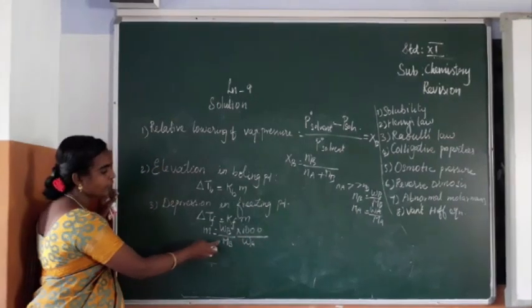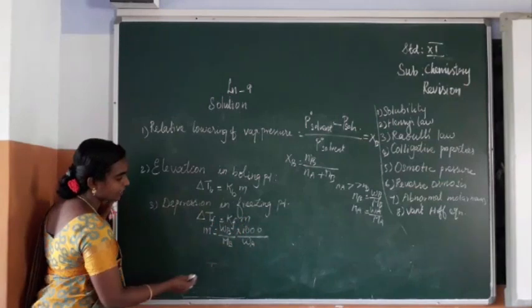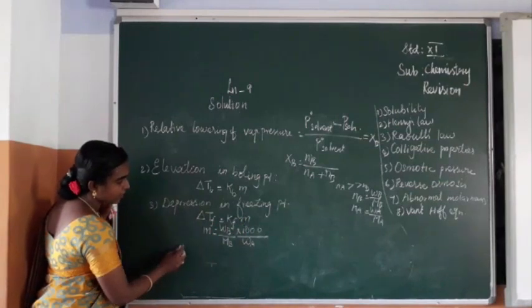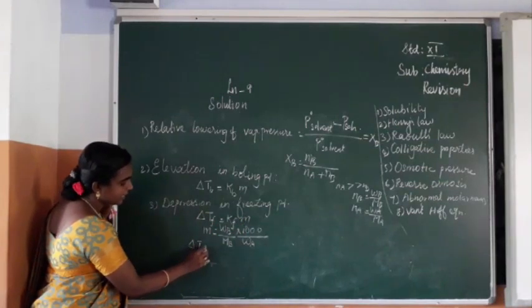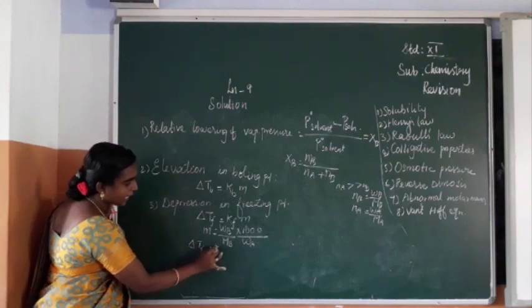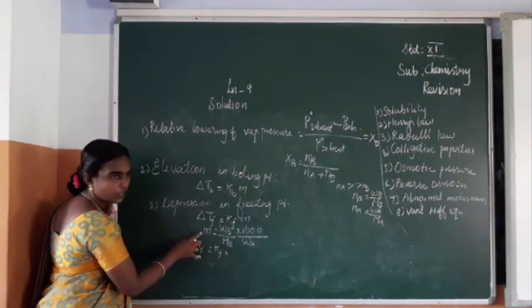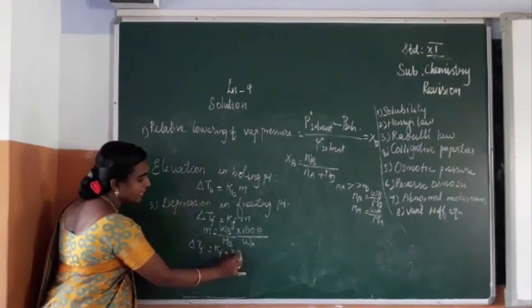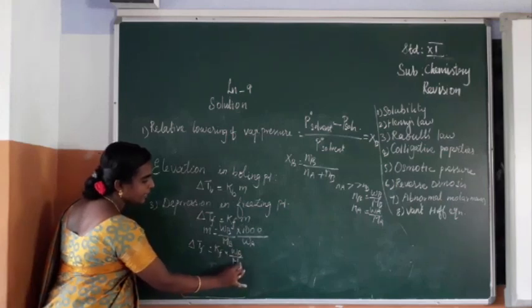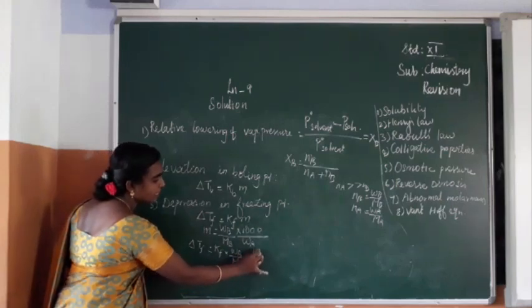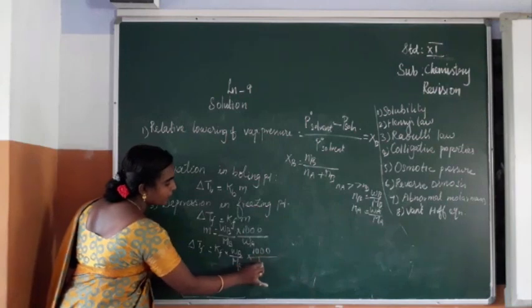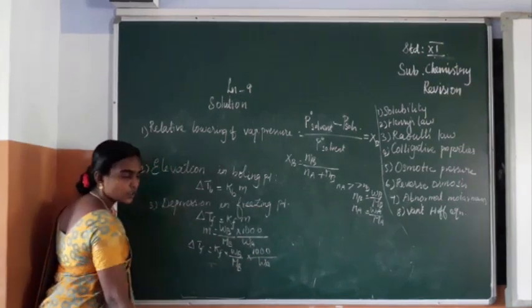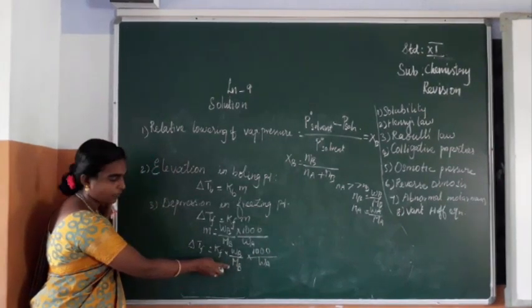Substituting, delta TF is equal to Kf into WB divided by MB into 1000 divided by WA. What we have to find is the molar mass of the solute.